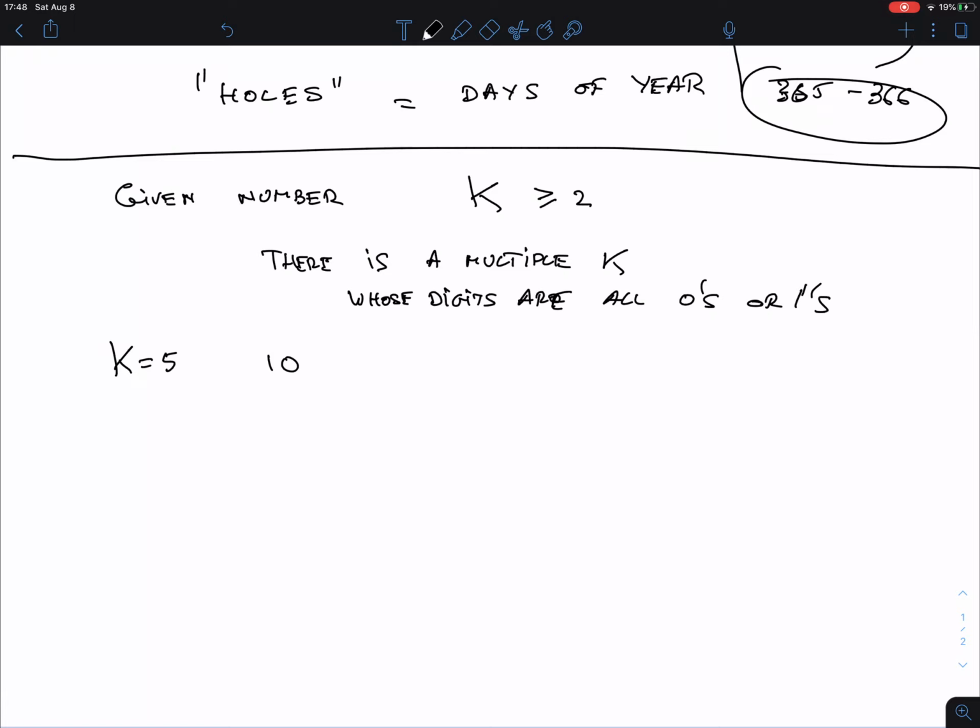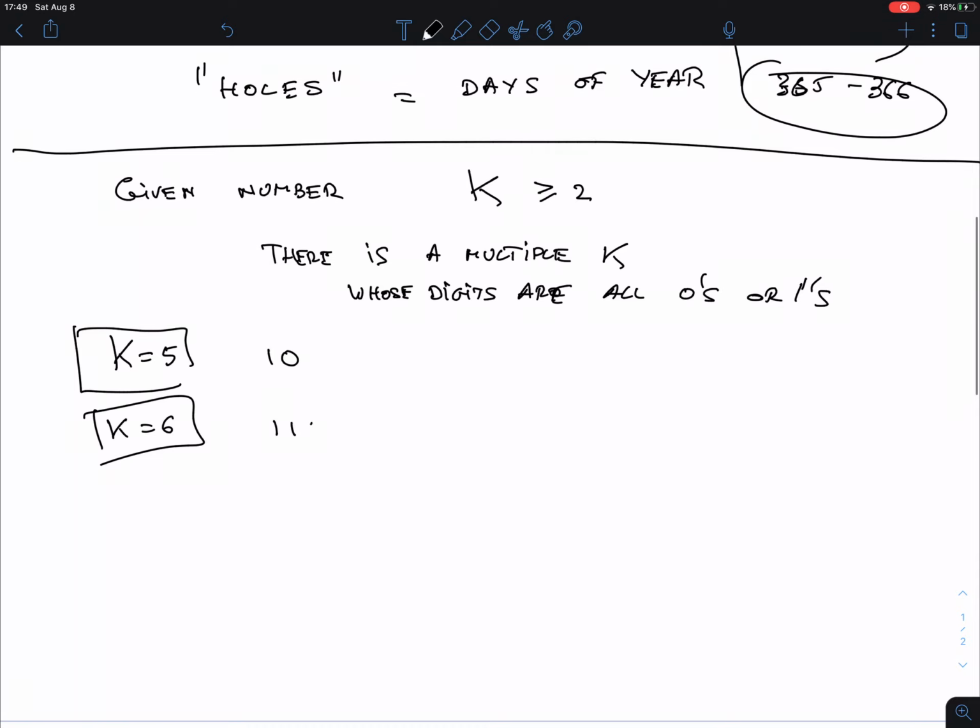So for every number, I have to give you a multiple of that number so that its digits are just 1s and 0s. Let's do k equals 6. That might be the first thing that you have to think a little bit about. And you might try here. I'm not so sure I see immediately what I should do here. But I think this one is okay.